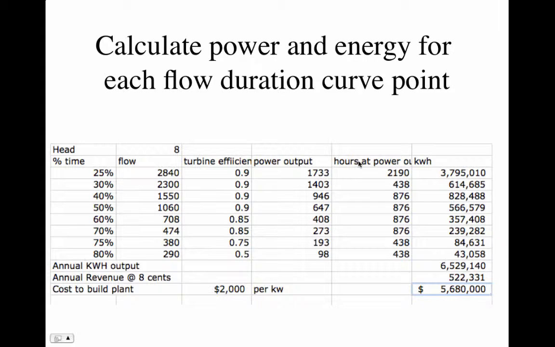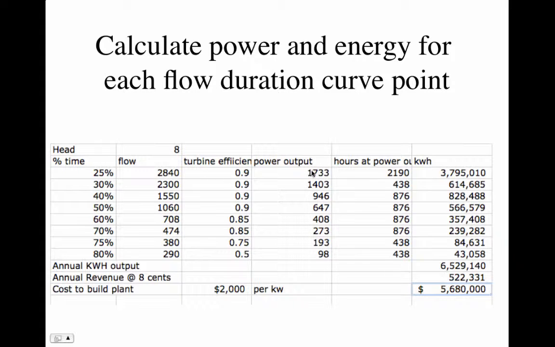So here's where the kind of magic comes in. How many hours is it going to operate at that flow rate? Well, at the maximum flow rate, 2840, we know there's that much flow or more 25% of the time.